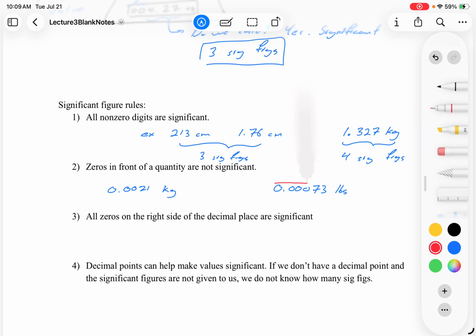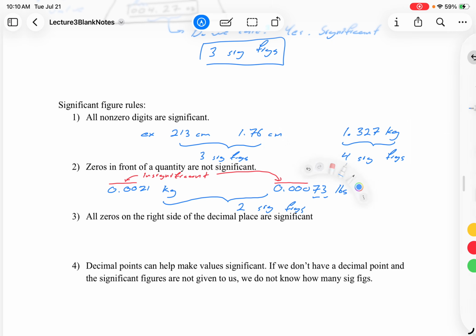These zeros in front are insignificant, kind of like the example we went over with the scale and the chicken. So that means these two are actually 2 sig figs, right? 1, 2. Same with the other one: 1, 2. 2 sig figs.